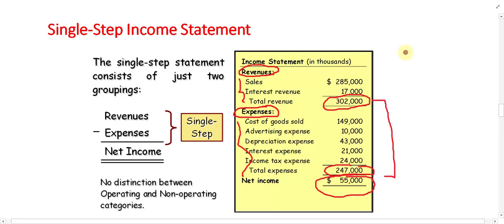Basically, those classifications are not in the case of single step income statements. It means that in the case of single step income statements, we do not distinguish between operating revenue and non-operating revenue. And also we do not distinguish between operating expenses and non-operating expenses. So we consider all revenue as the same revenue, and also we consider all expenses as the same expenses.